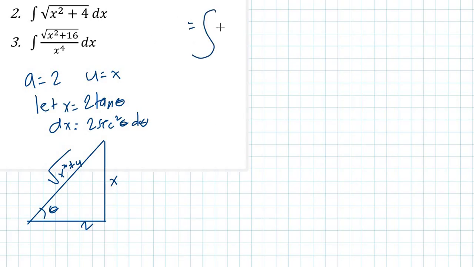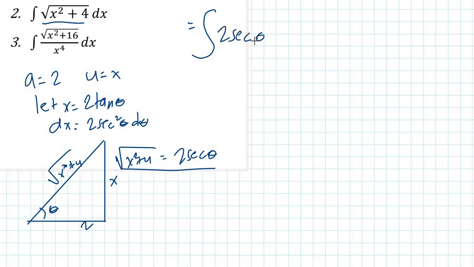So when we do now the substitution, what will come out is, this is now the integral of, by the way, we forgot, the square root of x squared plus 4 would equal to 2 secant theta. So now following this, what I'm going to have would be 2 secant theta and then 2, the first one is 2 secant theta.